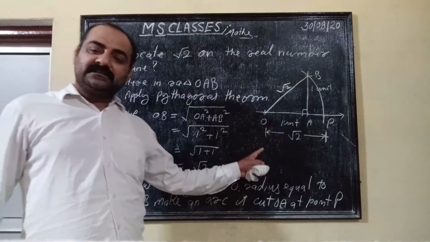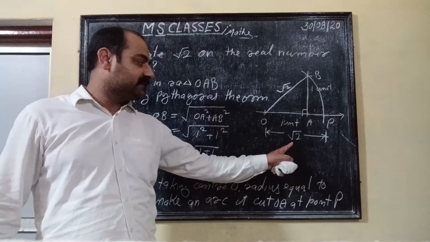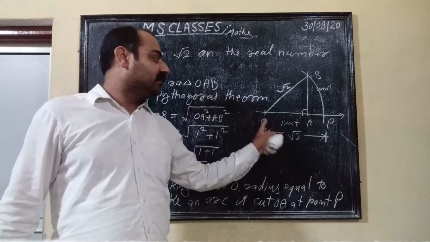This is the way to represent an irrational number on the number line.